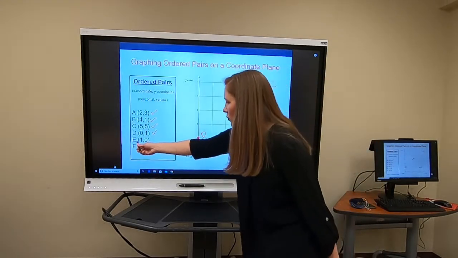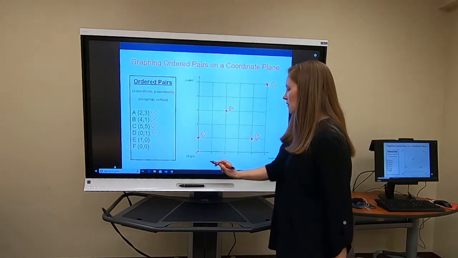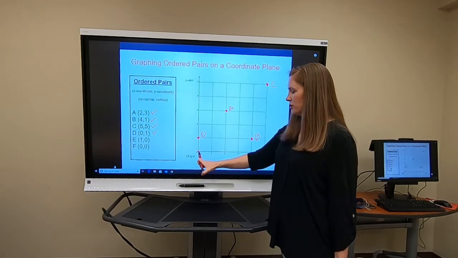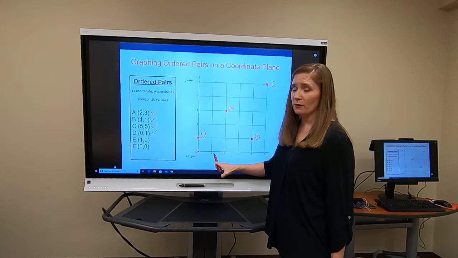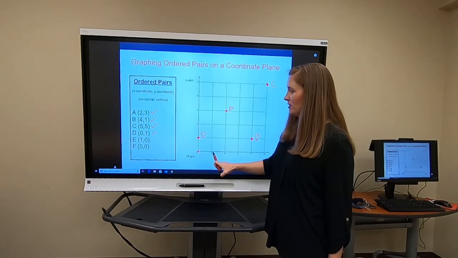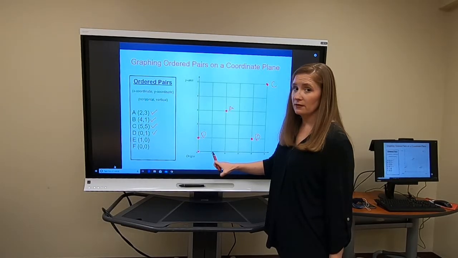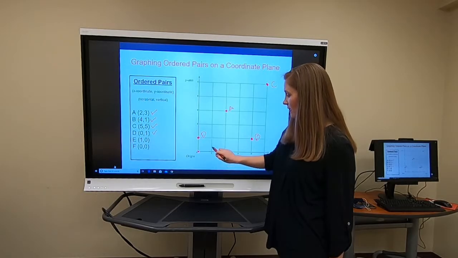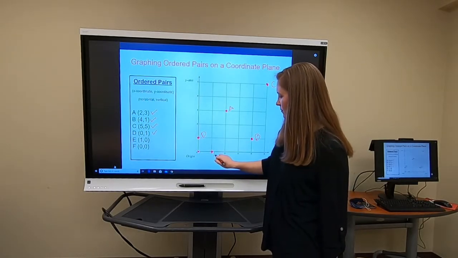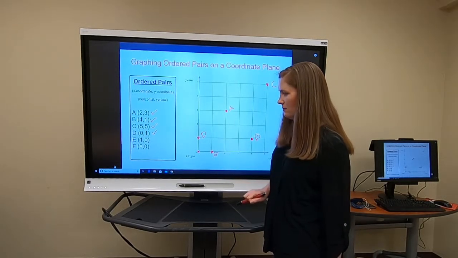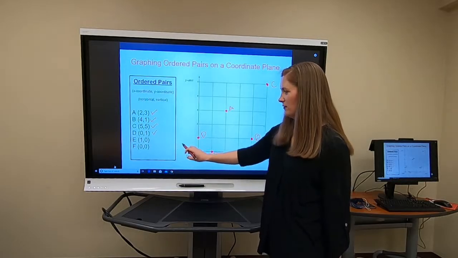So then I look at point E. Okay, I start at my origin. I move horizontally 1 space, but then I move vertically 0 spaces. So this is point E. Okay, do you see the difference?